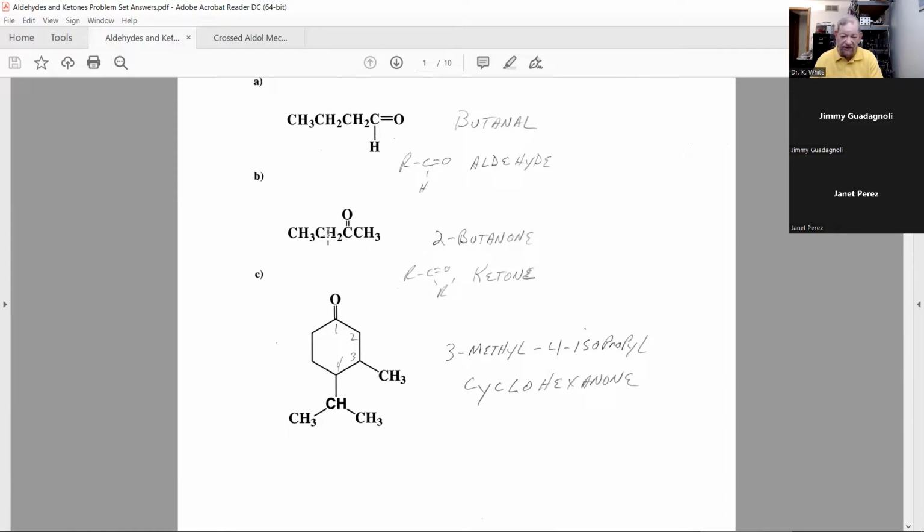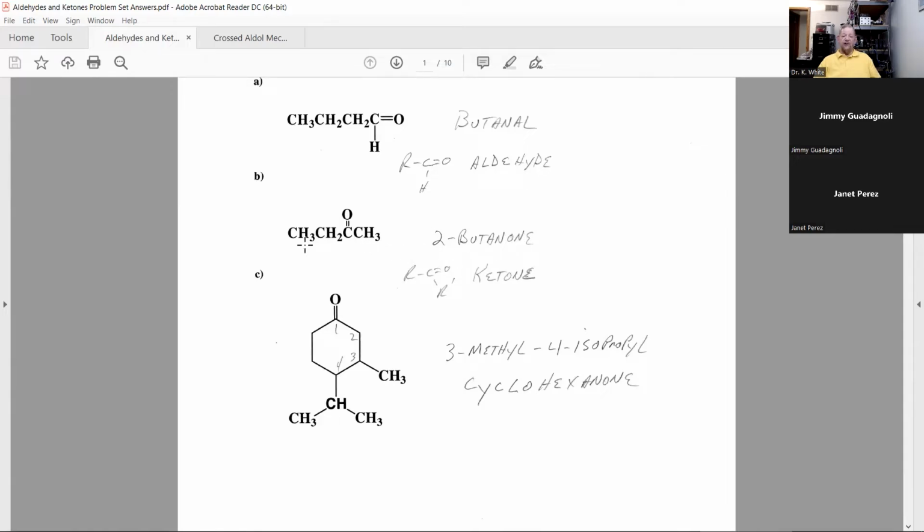Now, if we look at B, we have, again, an oxygen double bonded to carbon, but here we got carbons here and here, and that's a ketone. And how do you name ketones? Find the longest chain that has the carbon double bonded to oxygen in it, the carbonyl carbon, name it as an alkane, butane, drop the E, and for ketones, we use ONE.